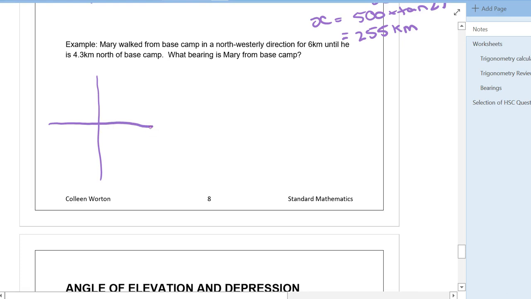Mary walks from base camp in a northwesterly direction, so that's out here at 45 degrees, for 6 kilometres until she is 4.3 north.